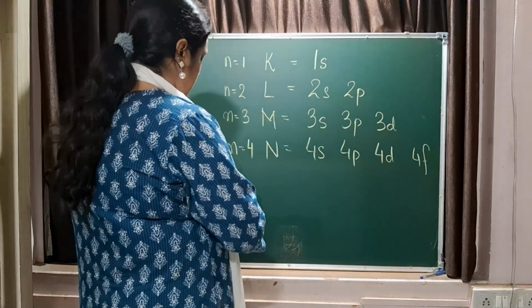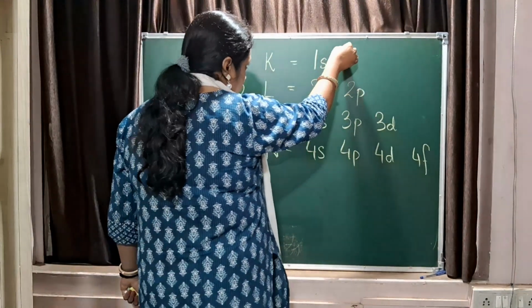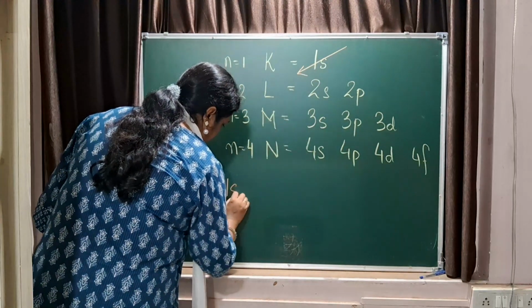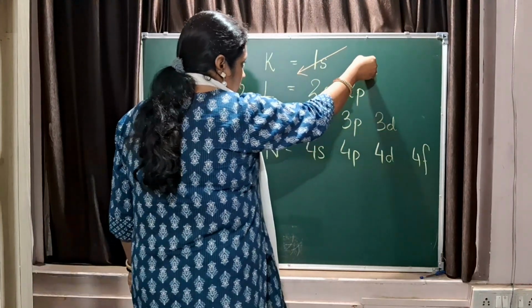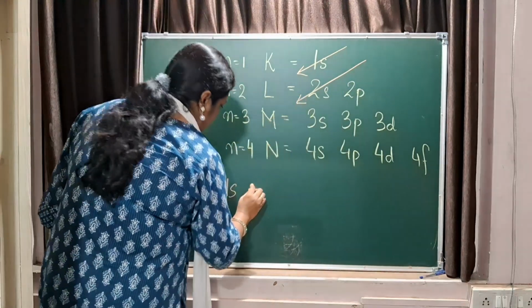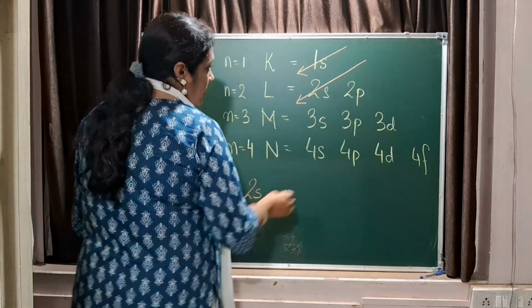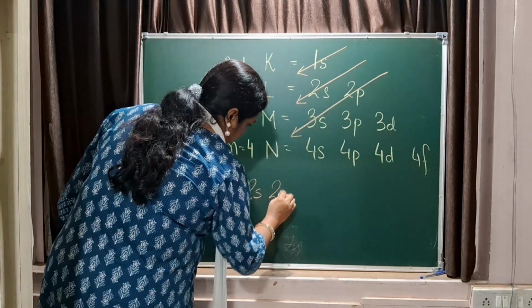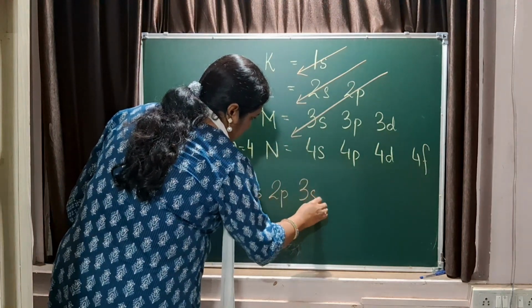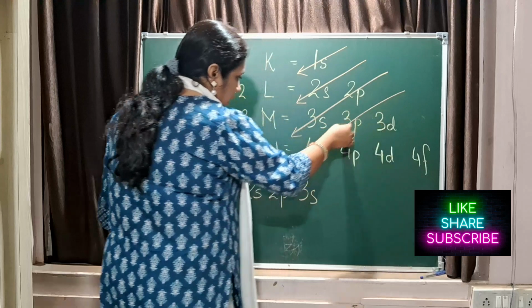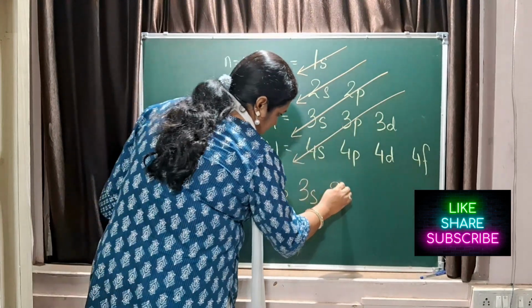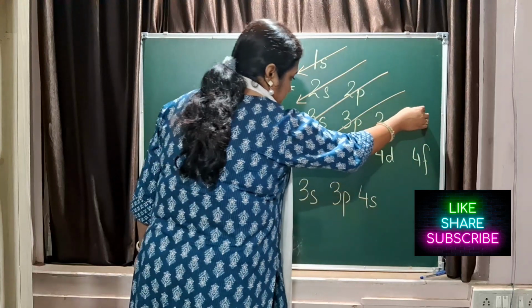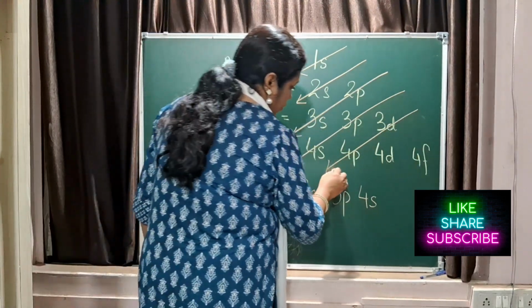Now, the energy level. The first lowest energy is 1s. Next one is 2s. Next one is 2p, 3s. Next one is 3p and 4s. Next is 3d and 4p.